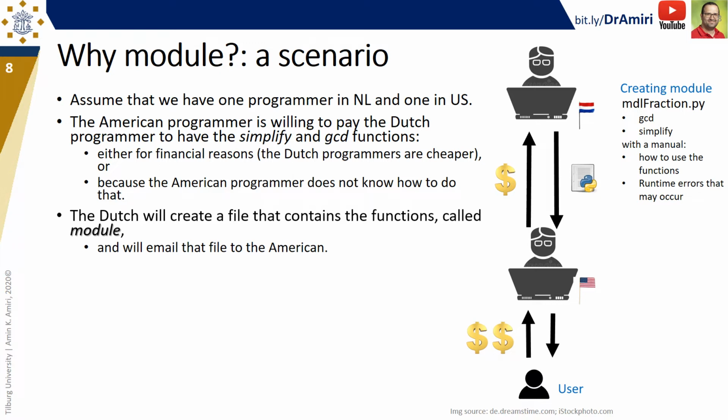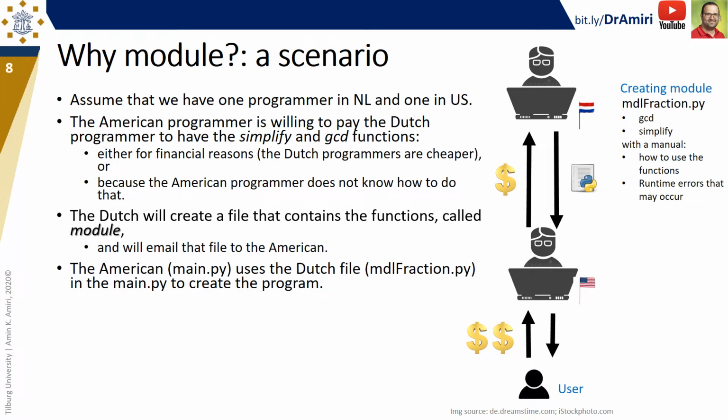It includes GCD and simplify. With that file, which is a module, he also sends a manual to teach the American programmer how to use the functions and what kind of runtime error may occur during the usage of these two functions.